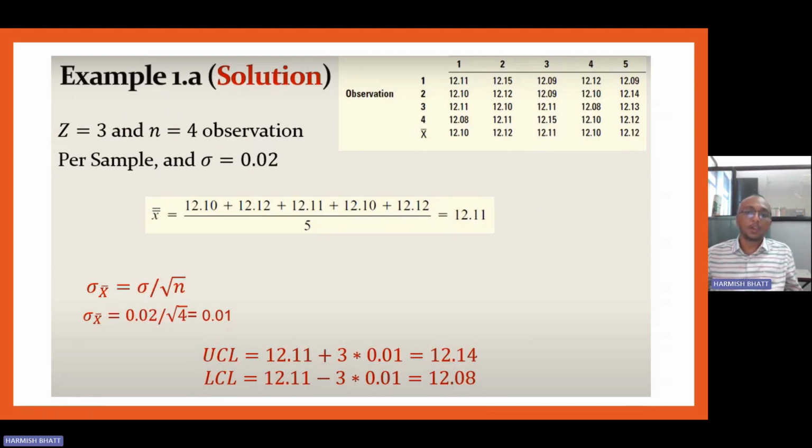Okay. So likewise, by finding out all these values, all the mean points, X bar 1 to X bar 5 will be plotted on the X bar chart. It will be prepared and it will be checked whether any point is crossing the UCL or LCL.